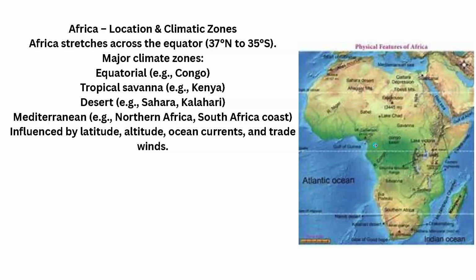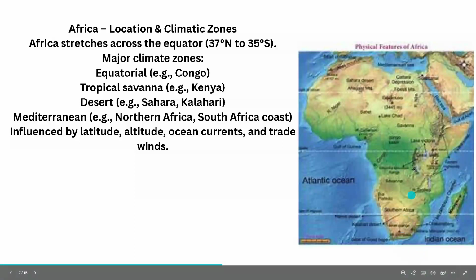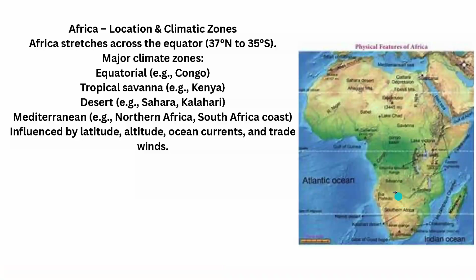As I told you, this is the only continent through which both tropics pass. It spreads across both the northern and southern hemispheres, and that is the speciality of Africa. It stretches from 37 degrees north to 35 degrees south latitude.